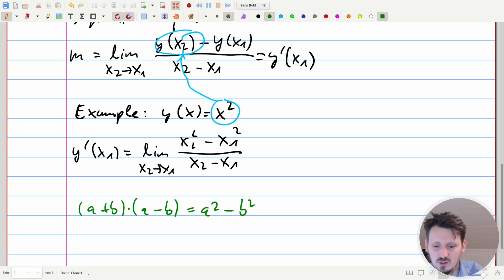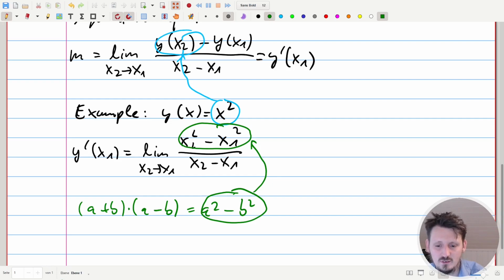And when you take a look here, this is exactly what is written here in the numerator. So this is also the trick. You always have to use some mathematical, algebraic trick in order to find out how to get rid of this denominator.